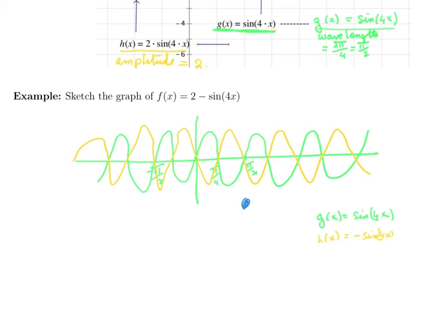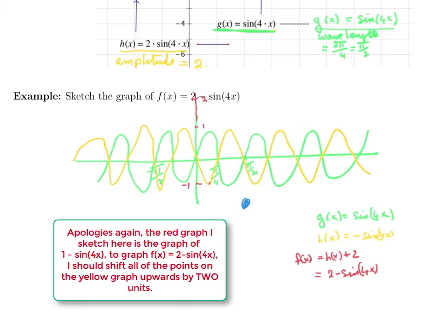And finally, f of x is what I get when I add 2 to this. What happens when I add 2? Well, the whole thing just gets shifted upwards by 2 units. So everything just gets shifted above the x-axis. So this point with y value equal to minus 1 gets shifted to here, and this point with y value equal to 0 gets shifted to here, and this point to here.